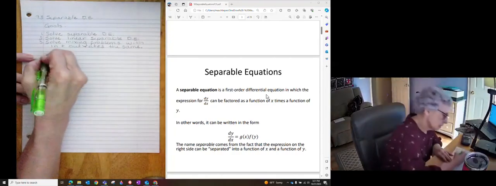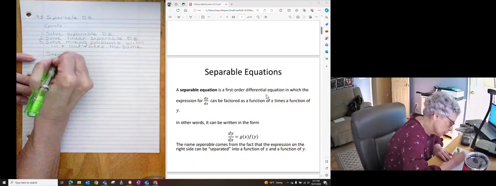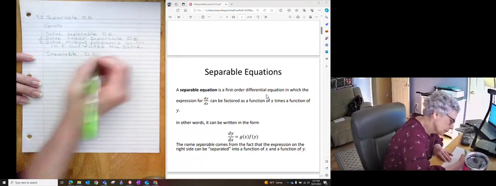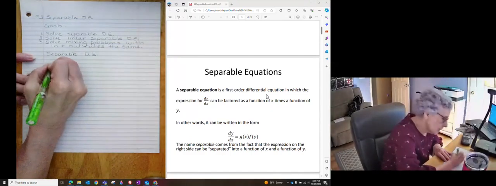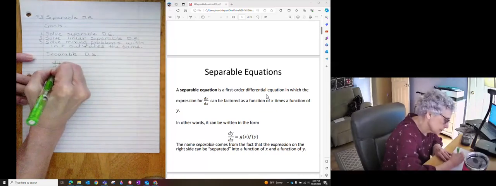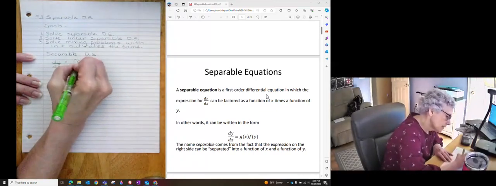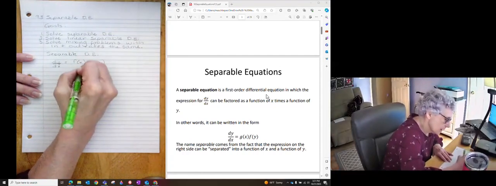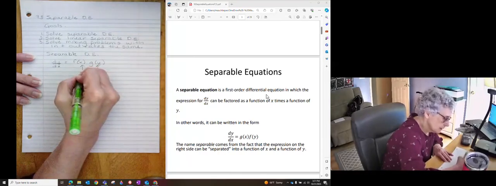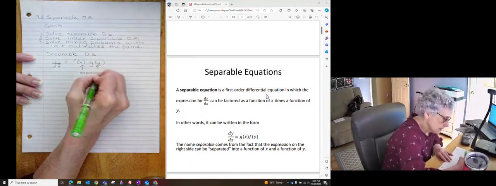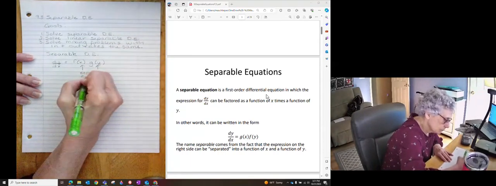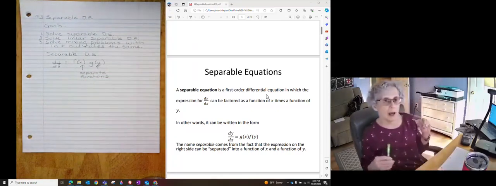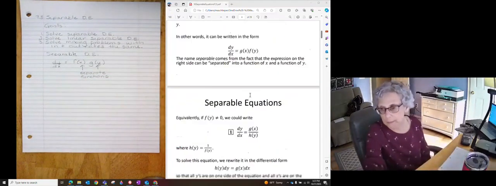So your derivative is separable, so we say dy/dx can be written as a function of x times a function of y. Separate functions. So you don't have x's and y's playing together.